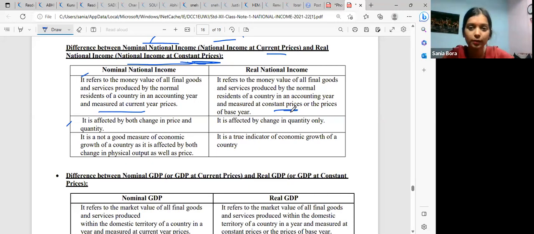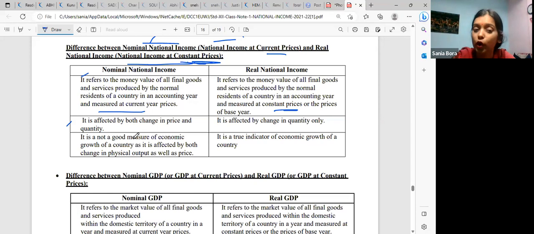So no matter whether the prices are right now 500, 300, 200, if at that time the prices were 100, I will take 100 only for every calculation. So over here, the change in price is not going to affect. But for nominal, it is based on current, so you have to check whether the current price is 100, 200, 300. So it is going to affect, but in real, it is not going to affect.